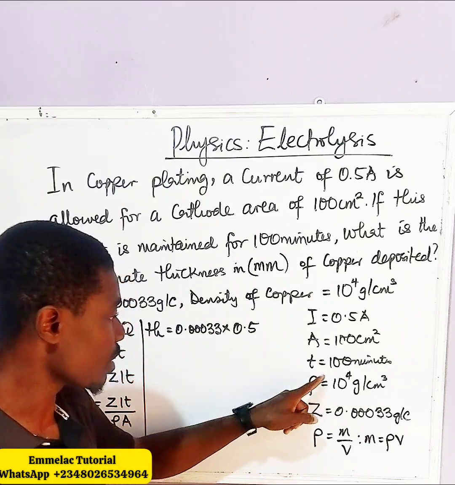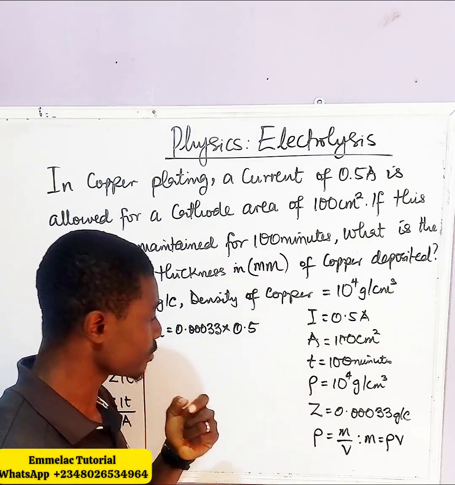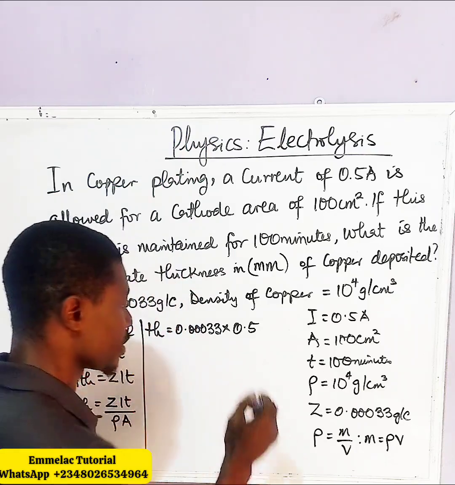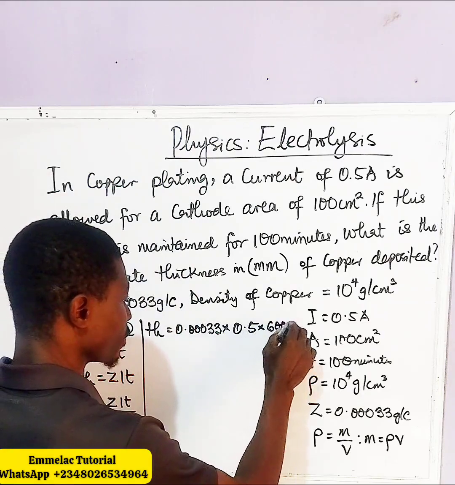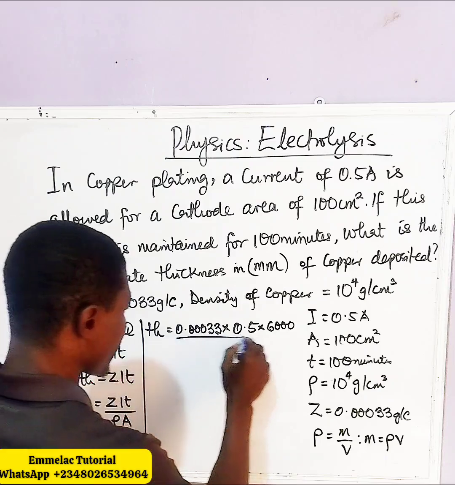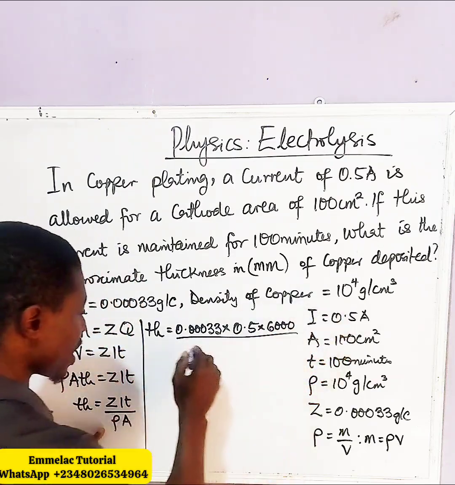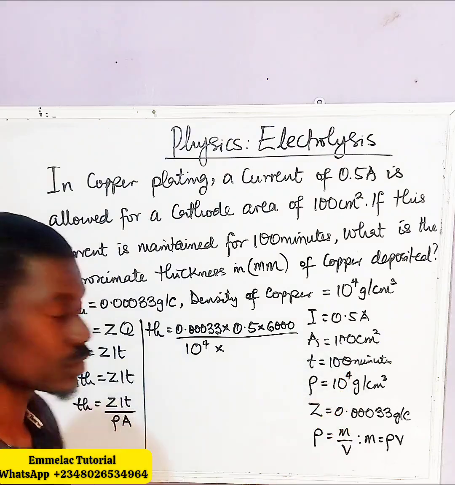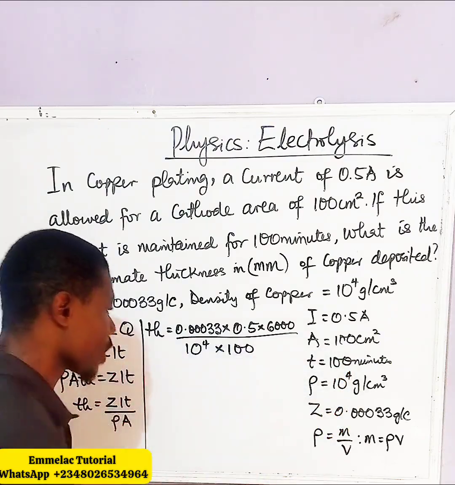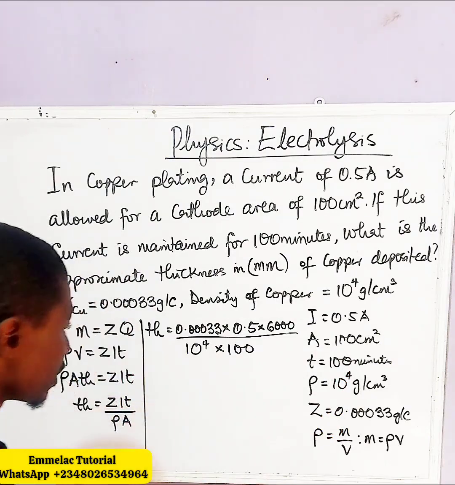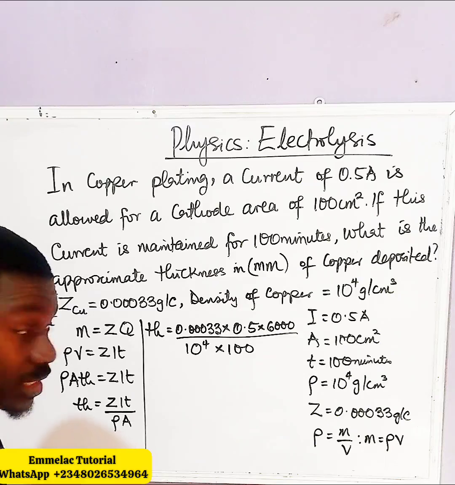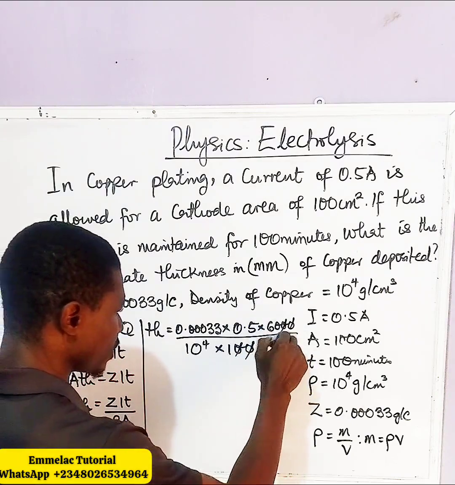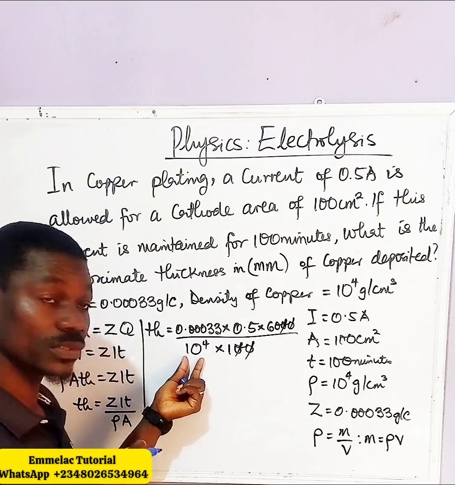Converting this to seconds, we now have 100 times 60 giving us 6,000, then all over the density, which is given as 10 raised to the power of 4, then times the area, given as 100. So to this end, what we need to do is to start eliminating and simplifying. So this cancels this, and take note this is 10 raised to the power of 4.